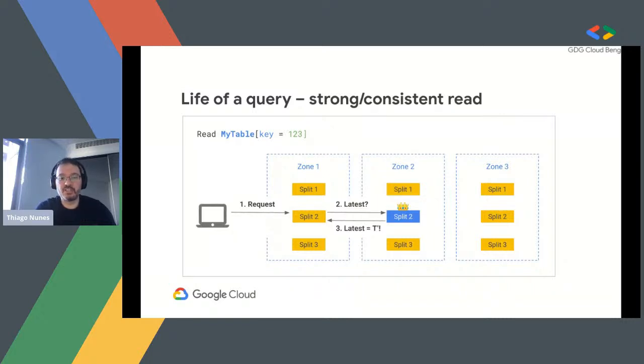If it already has the latest data, it can just reply back to the client saying, here's your data. If it doesn't, then it has to wait for the leader to update its data before it can reply to the client.